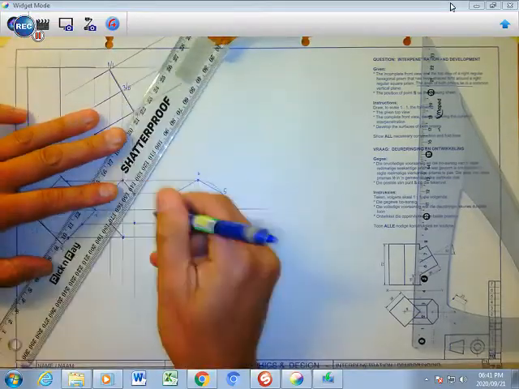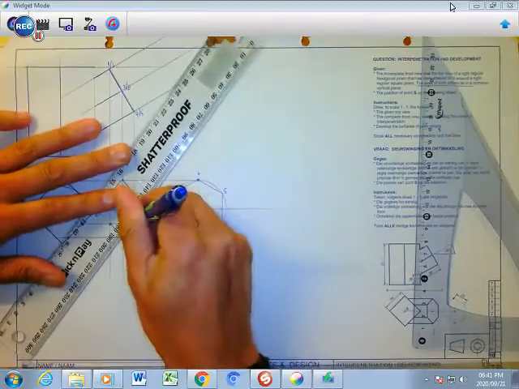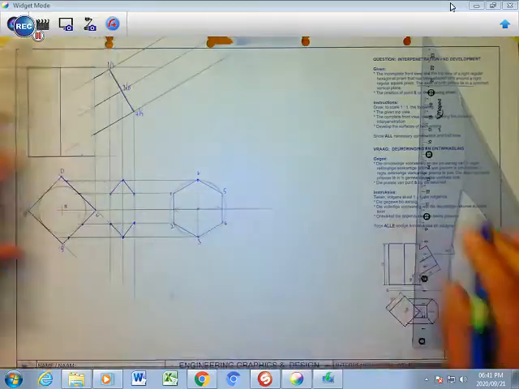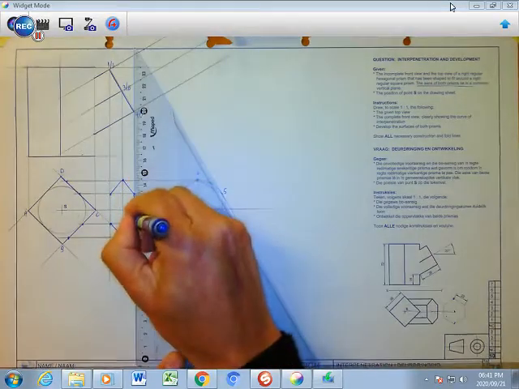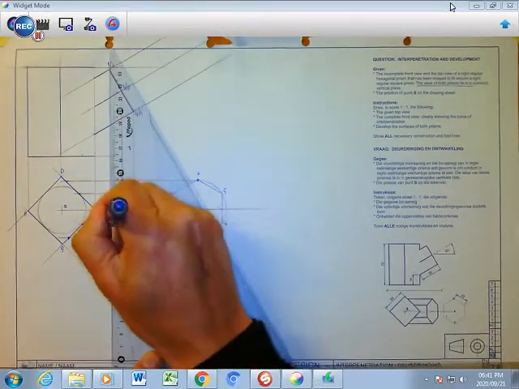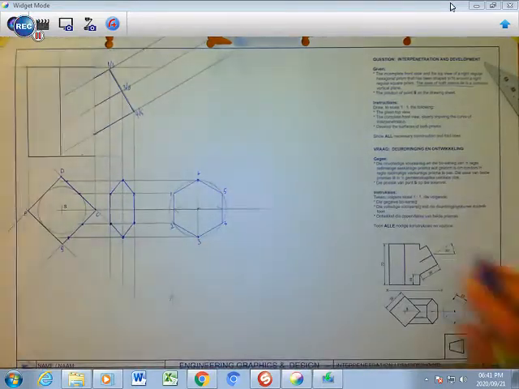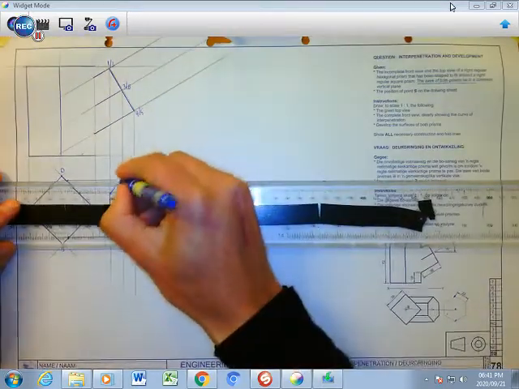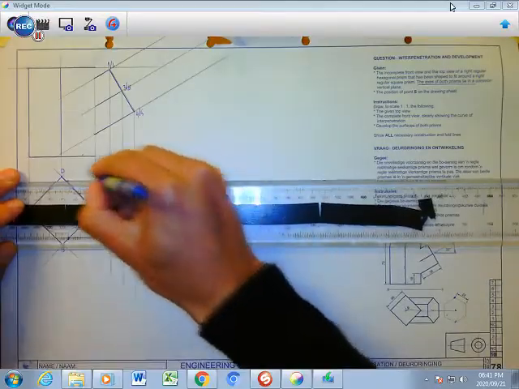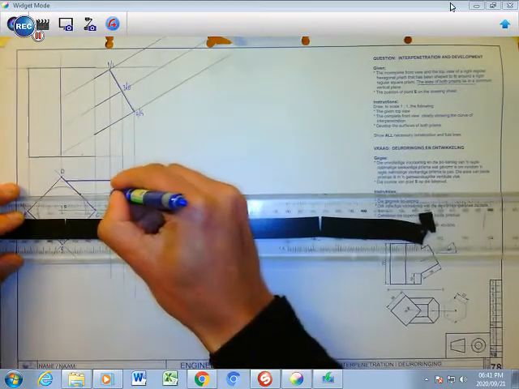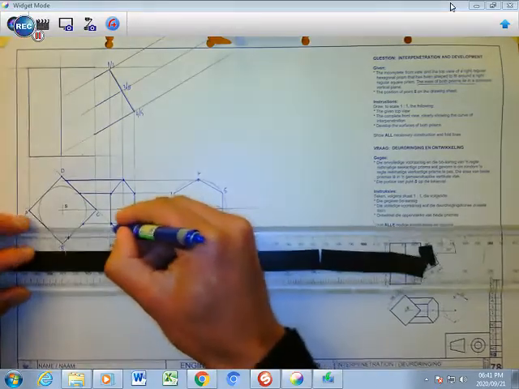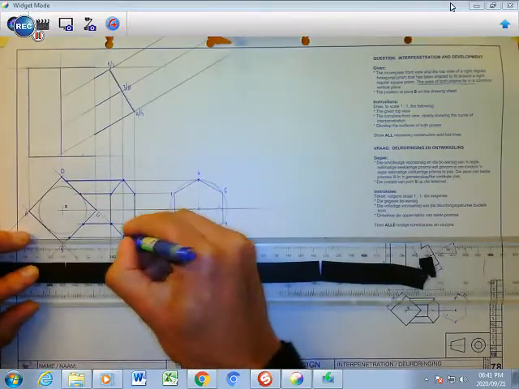Then you connect all the points like that, and like that, and like that, and then you draw it to the interpenetration point, which is there, there, and there, and the last one.